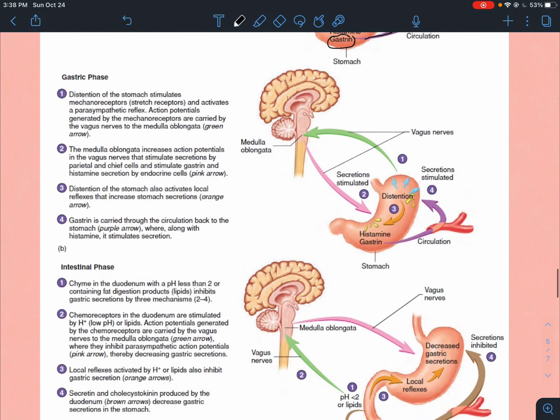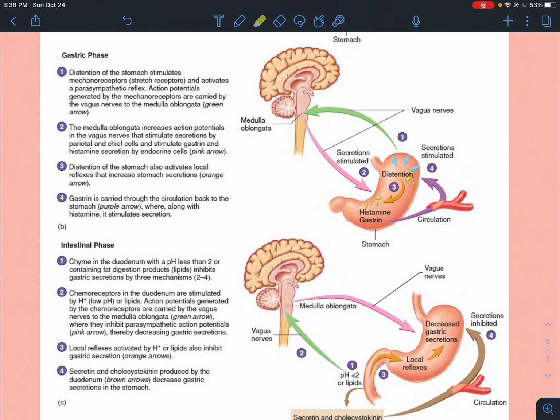If we continue, we see that we have the phase when food actually enters the stomach, known as the gastric phase. So here we want to think about food actually going into the stomach. And at this point, we can see that that would cause distension or stretching of the stomach. Distension of the stomach will stimulate mechanoreceptors, stretch receptors, and activate a parasympathetic reflex.